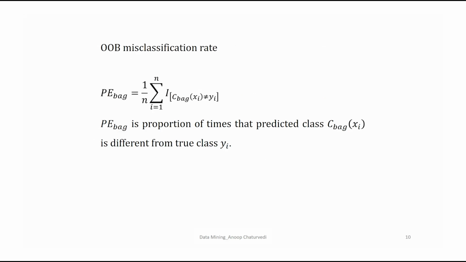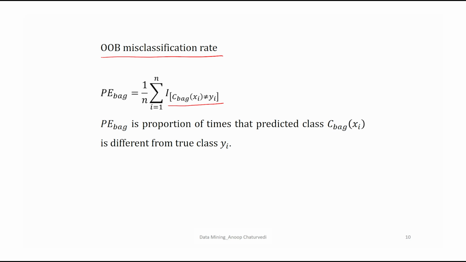Then the out of bag misclassification rate is, say, PE bag; by PE bag we denote the out of bag misclassification rate. So, this is equal to 1 upon n summation i equal to 1 to n of the indicator function C bag xi not equal to yi.